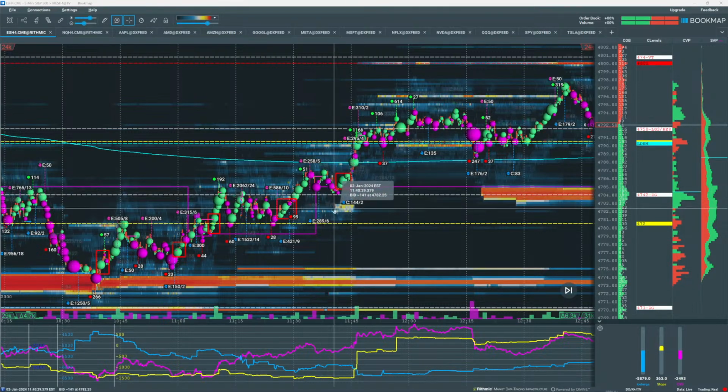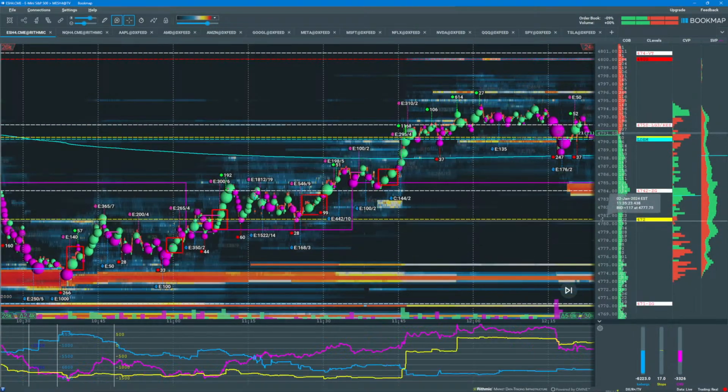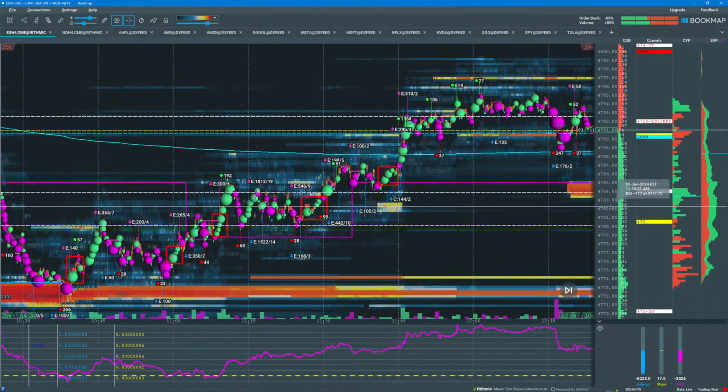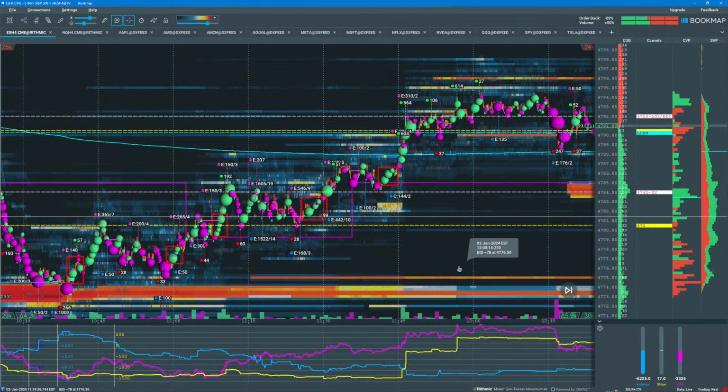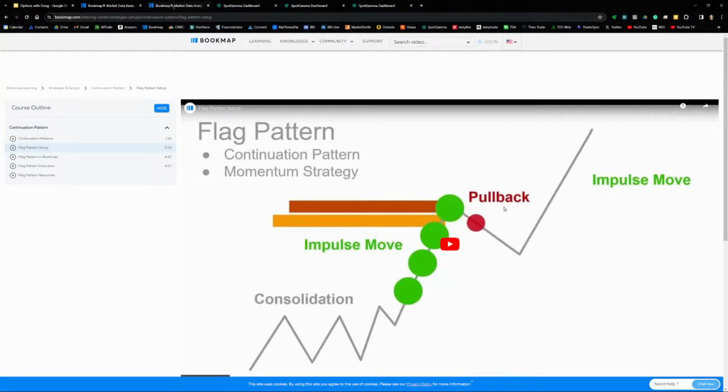Then finally, I want to point out the pattern here in Bookmap. Continuation pattern with flags for pullbacks, and it just so happens that I had watched this over the weekend. Let me go back to this.